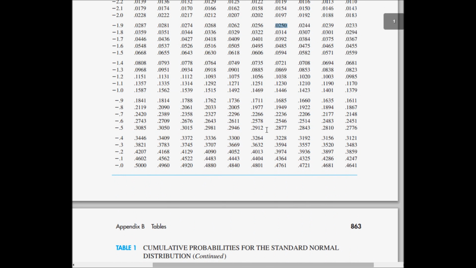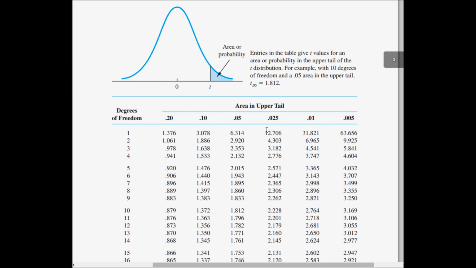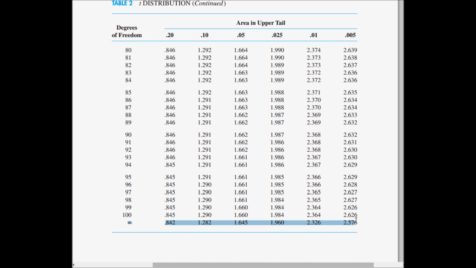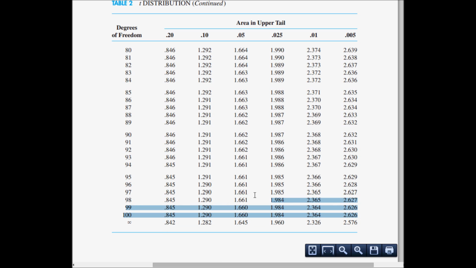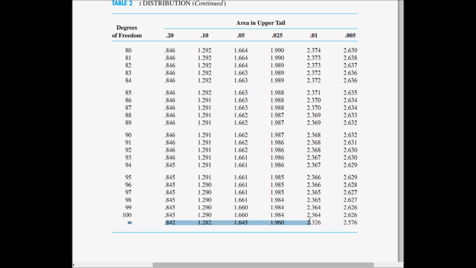An easier way to find the critical values for a confidence interval is to go to the infinity row of the t table. The values down here are z values, and the values up here are t values. So we can go to the t table in the infinity row and find the z values that correspond to a tail probability, in this case alpha divided by 2, which is 0.025.